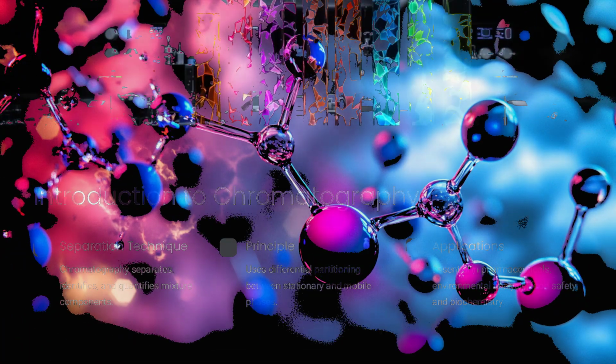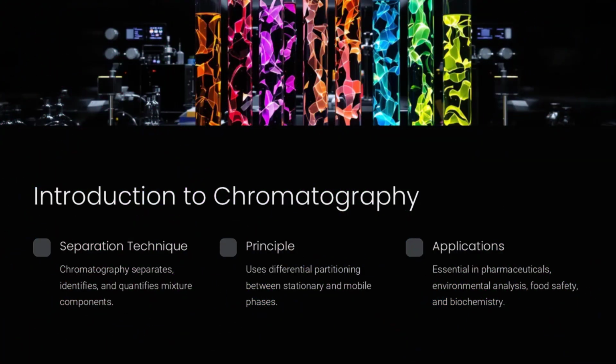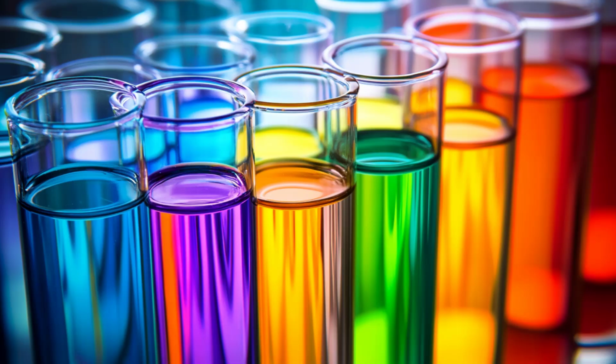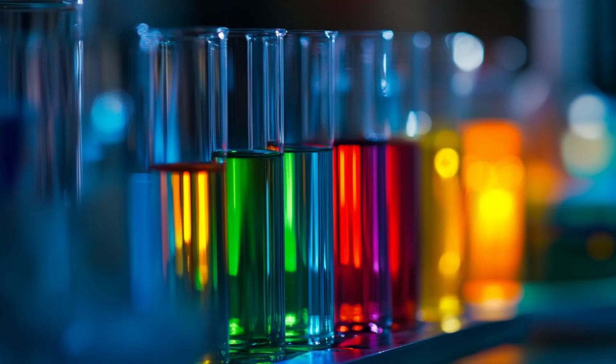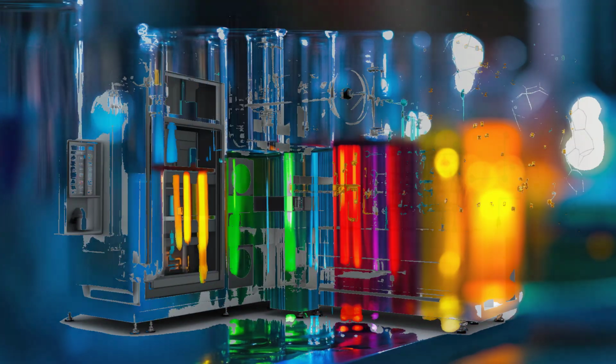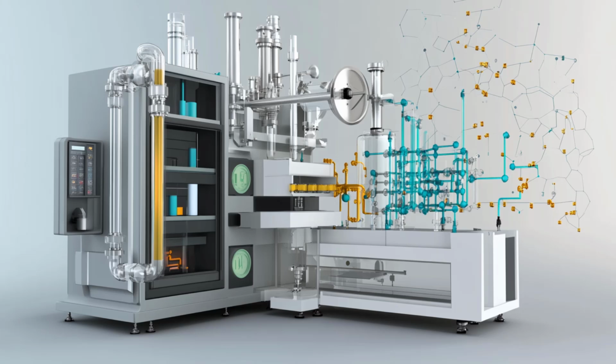a complex mixture. Gas and liquid chromatography are versatile analytical techniques designed to separate, identify, and quantify components in a mixture. Chromatography relies on the interaction of analytes, the compounds being analyzed, with a stationary phase and a mobile phase. In gas chromatography, GC, the mobile phase is a carrier gas that transports vaporized analytes through a stationary phase within a column. In liquid chromatography, LSC, a liquid mobile phase carries analytes through a stationary phase, which is usually a packed solid material.